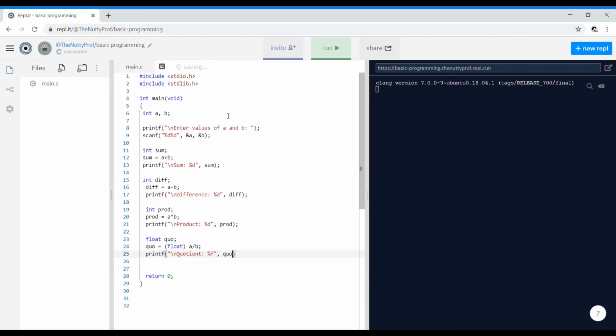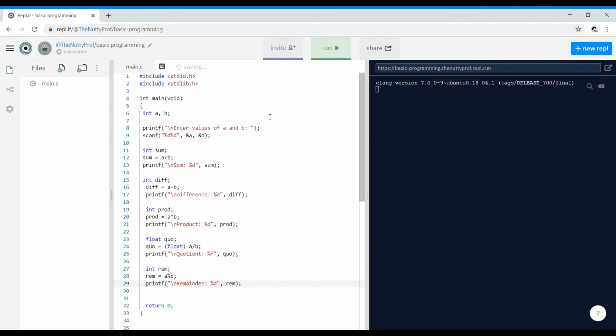Then comes your remainder. So int rem, rem is equal to a modulus b, and printf("\nRemainder is %d", rem).